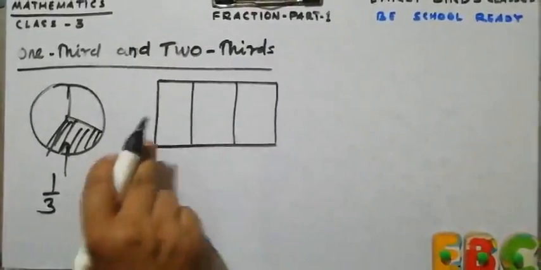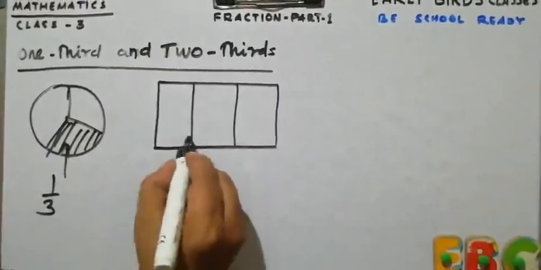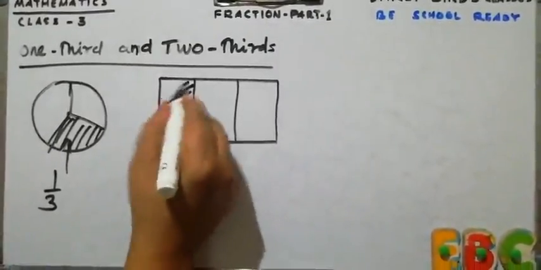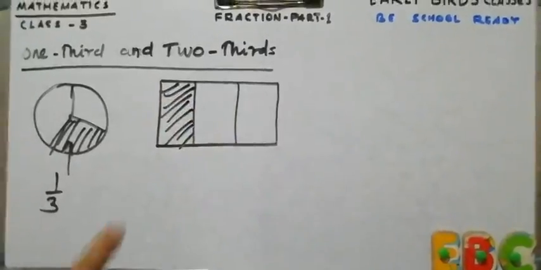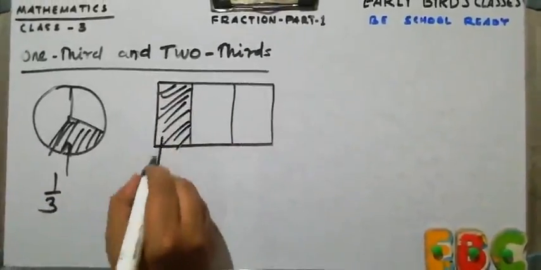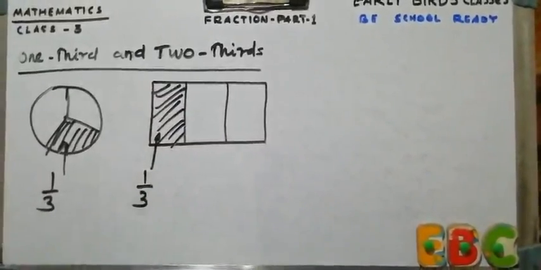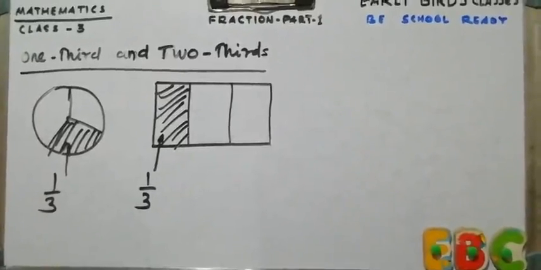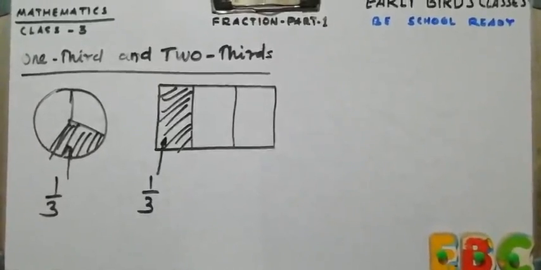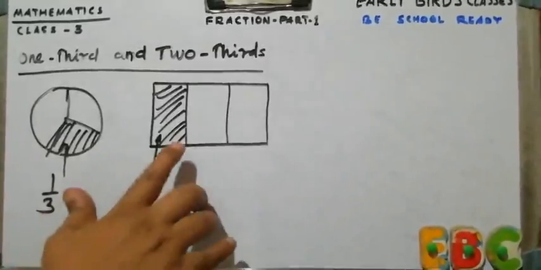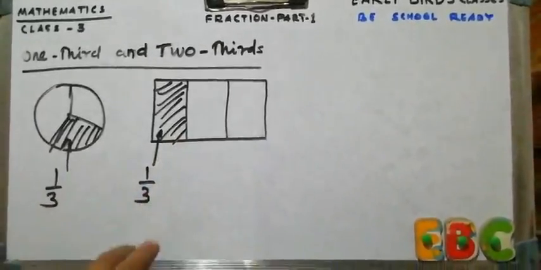In rectangle, same case, if it is divided into 3 parts, so this part will be what? 1/3. So this one is shaded, this is 1/3.